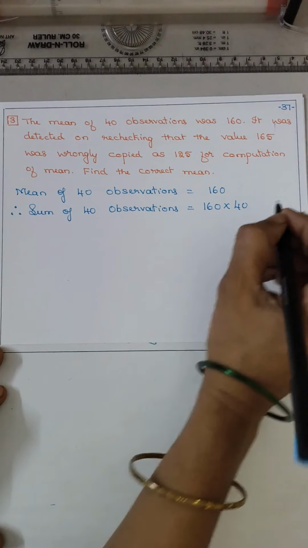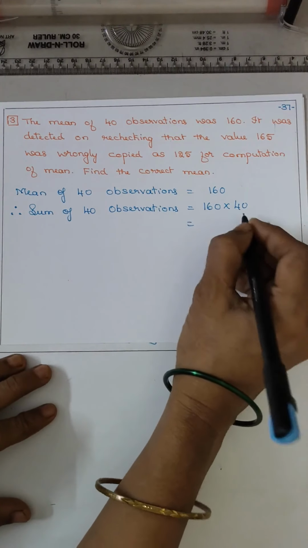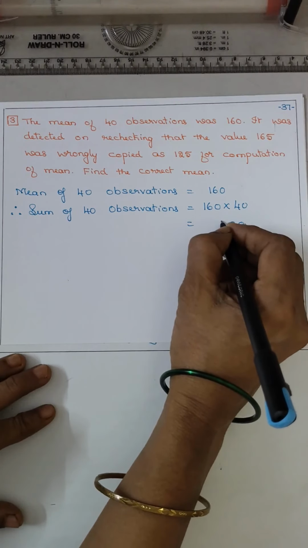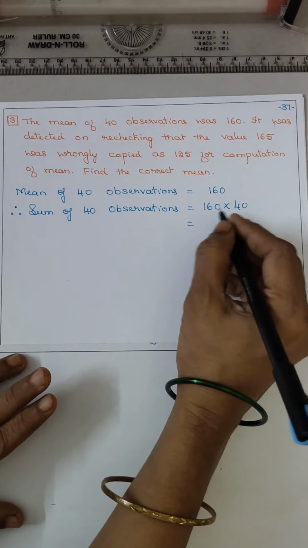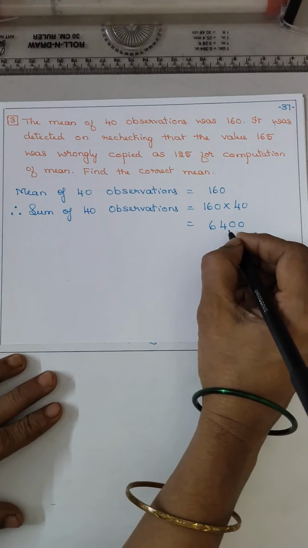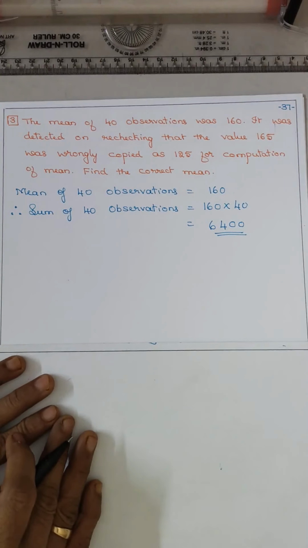So you get how much? 0 2 times 0, 4 6s are 24, 4 1s are 4, 6. So you got 6400. That is the sum of 40 observations.